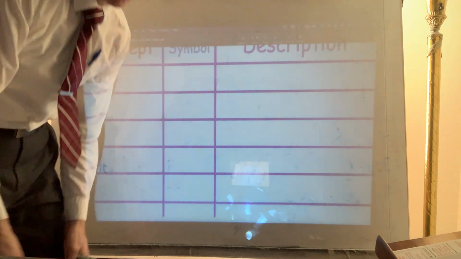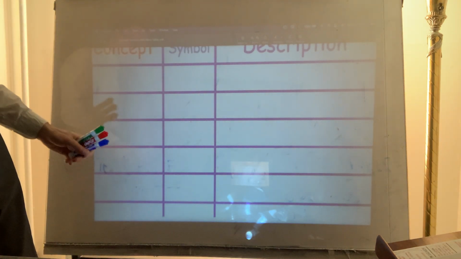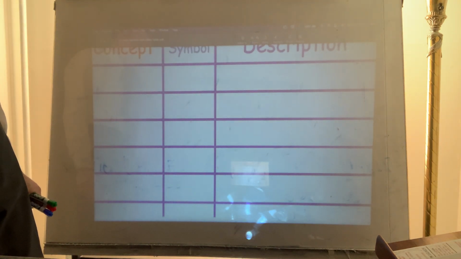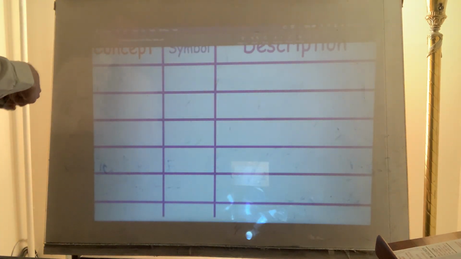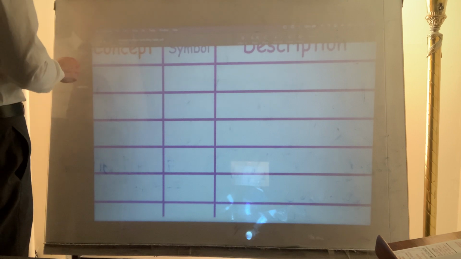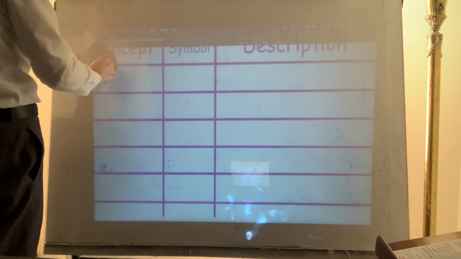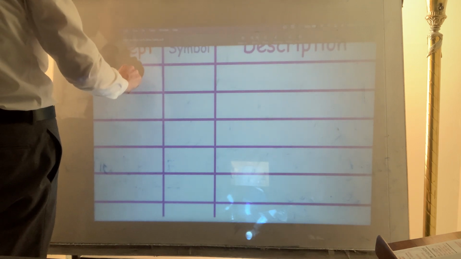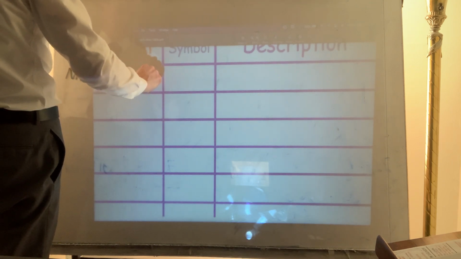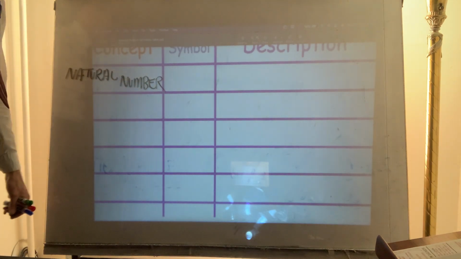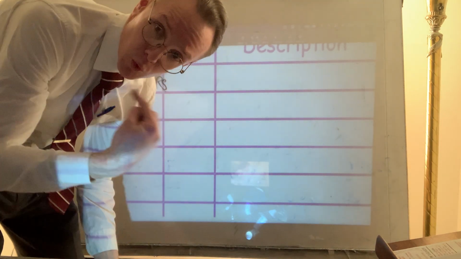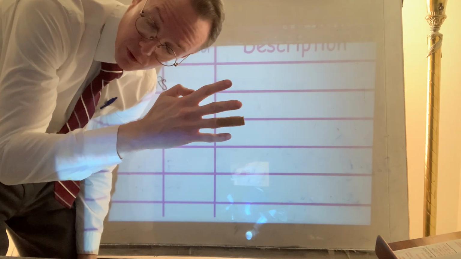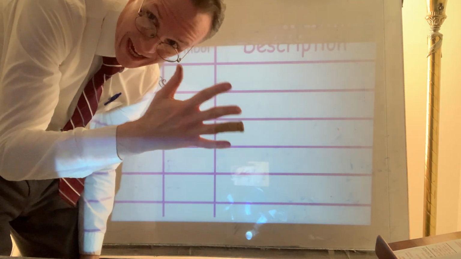Through my own life in school, I remember my teachers talking about something called natural numbers. And even though they described it to me, I never really appreciated what they meant by that. So natural numbers are labeled as such because they're natural to a human. It's basically referring to the kind of things that you would count using your hands.